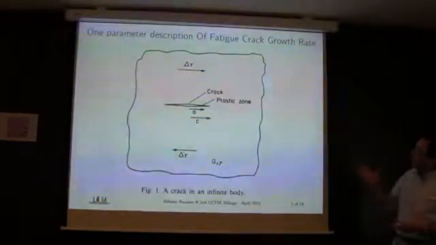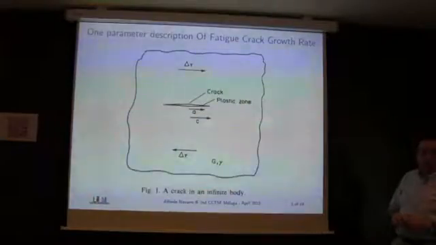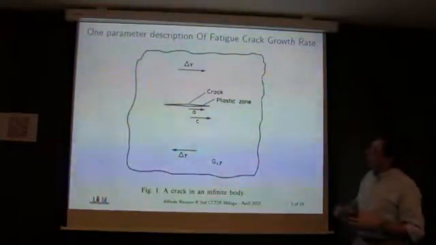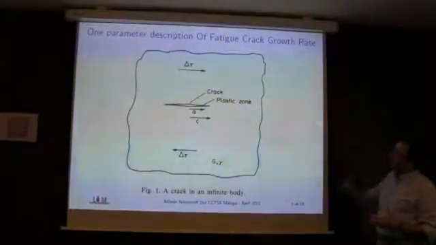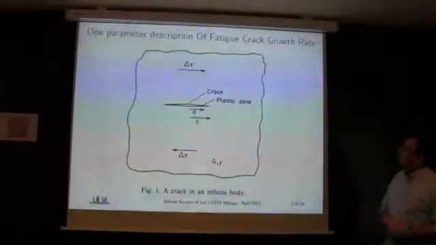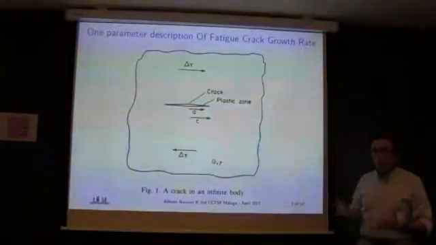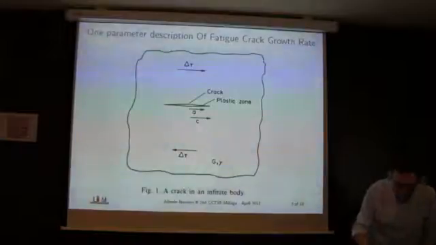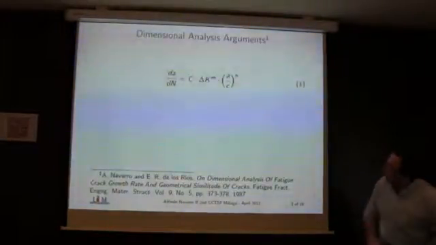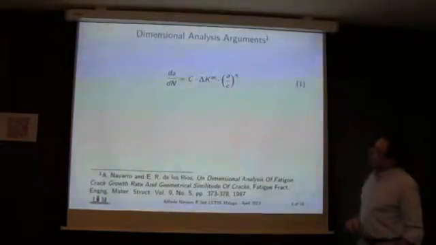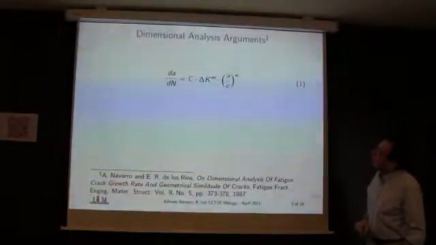Now, if you analyze the growth of a crack by fatigue using dimensional analysis arguments, you have to consider, for example, a geometry like a very big component with a crack, and you need to put some plasticity in there because otherwise you cannot have growth by fatigue. If you do this dimensional analysis, you end up showing that the crack growth rate can be expressed in this way.